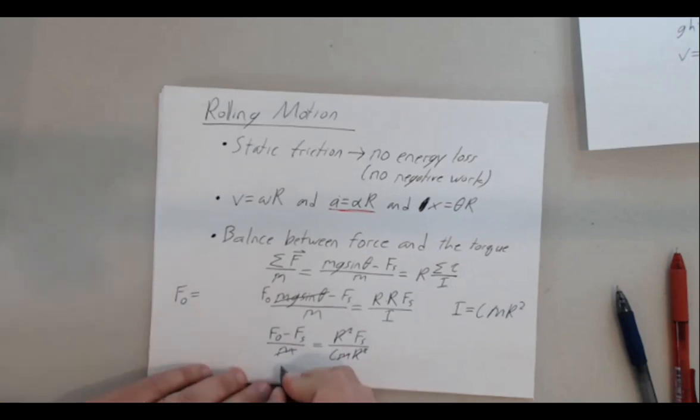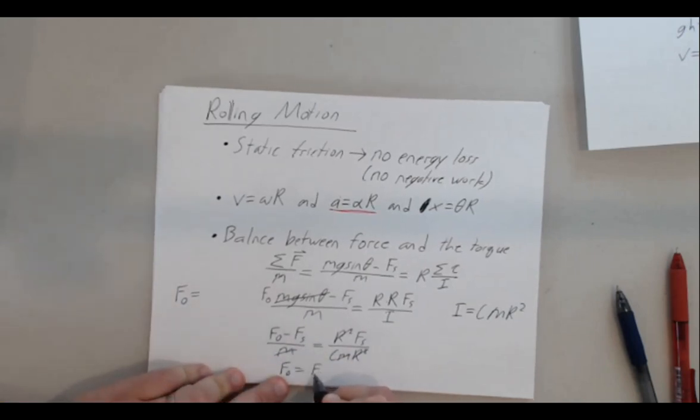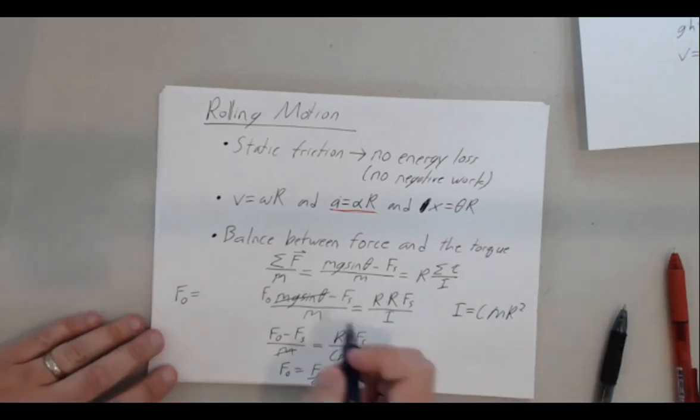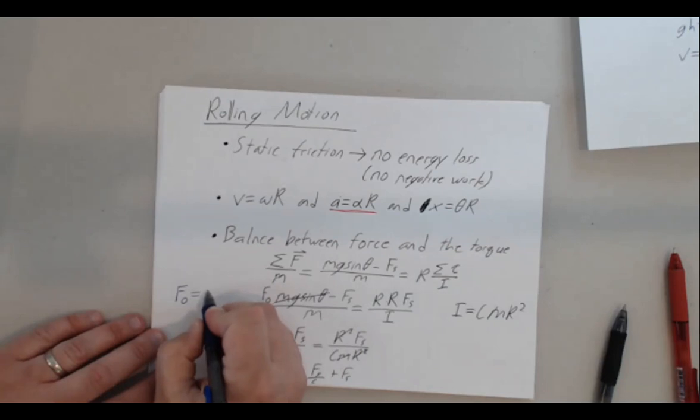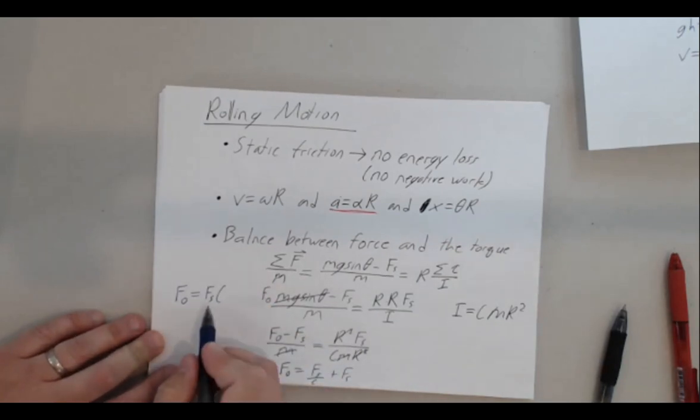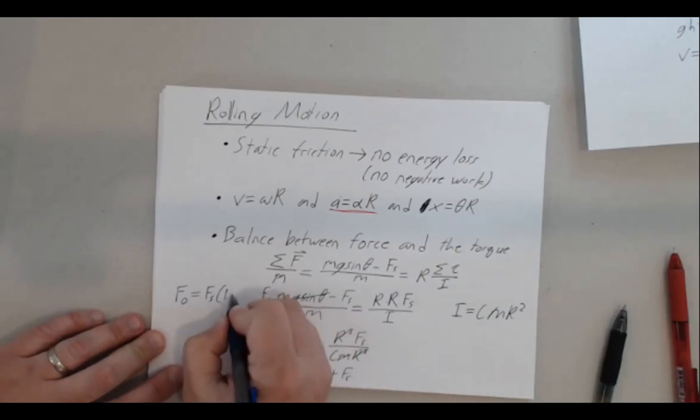If I move the friction force to the other side, I get friction force over c plus friction force, which means that my downhill force has to equal my friction force times 1 plus 1 over c.